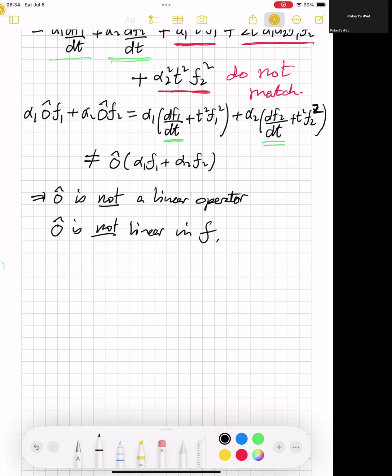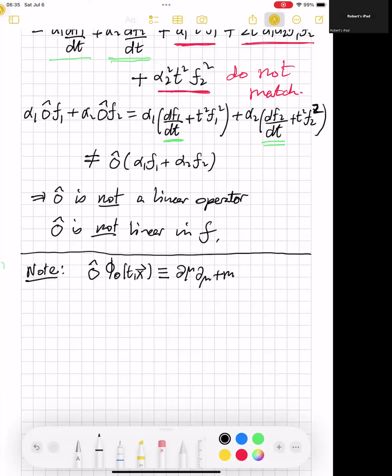I want to end this little segment with a note, an important note. So here's a note. O hat acting on phi naught of t and x, and by O hat here, we mean d mu d mu plus m squared, phi naught of t and x.